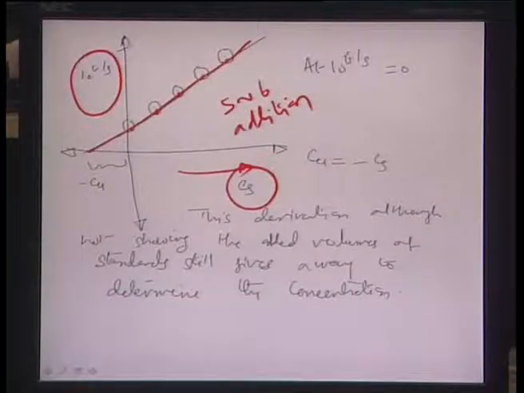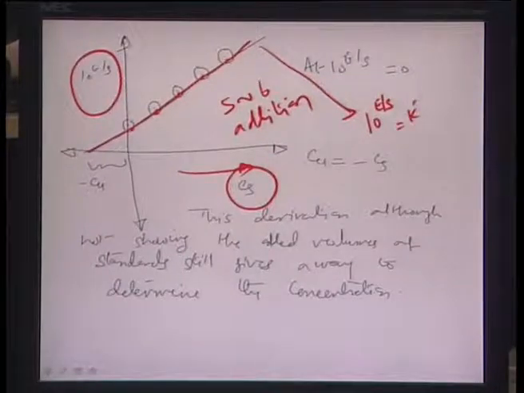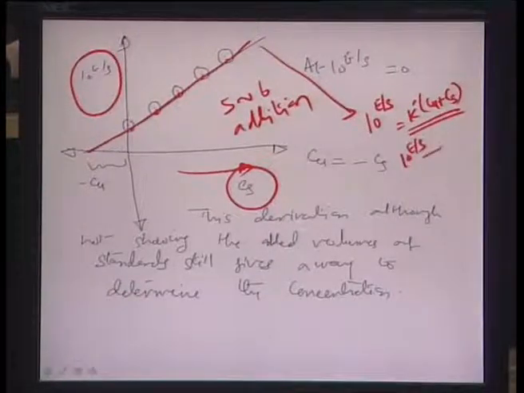If we look at the equation slightly differently, equation 2 is 10 to the power of E by S equals K dash times (Cu + Cs). So what happens when 10 to the power of E by S becomes 0? Essentially you are extending the line all the way back to a point where 10 to the power E by S is 0.